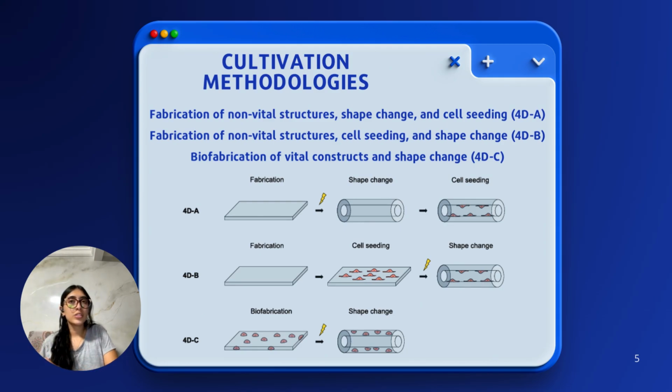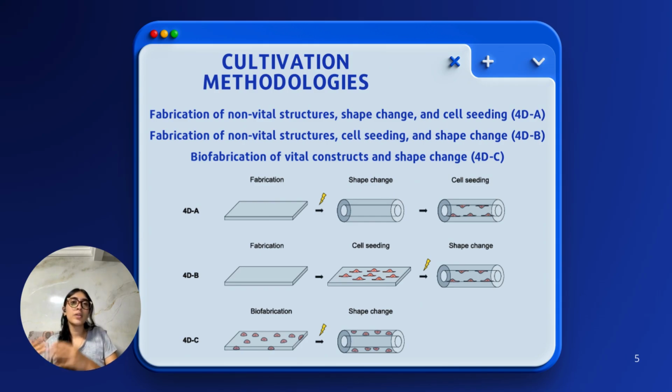In 4D tissue engineering, the focus is on developing cell-based structures that can adapt and respond to different signals, imitating biological processes. This involves combining living cells with smart shape-changing materials and advanced fabrication methods.